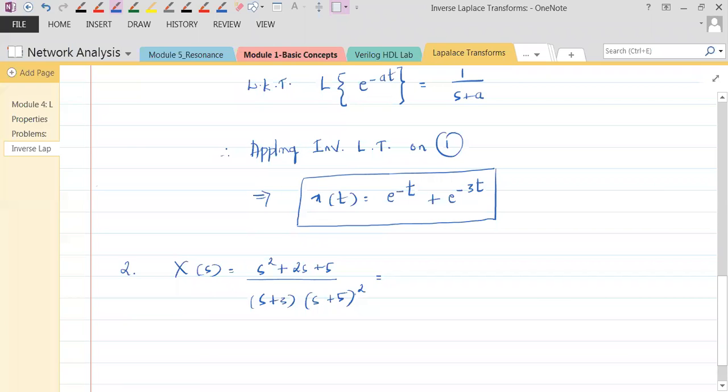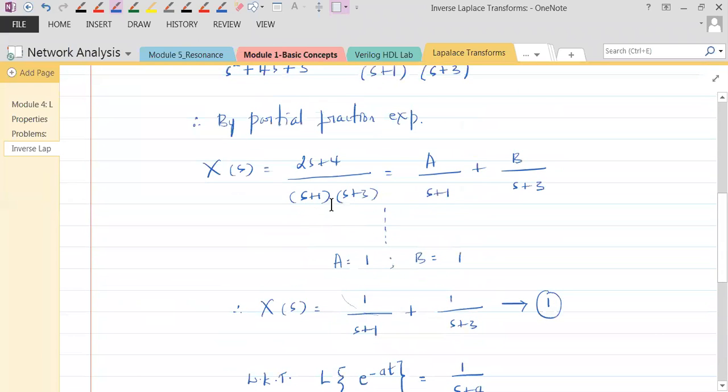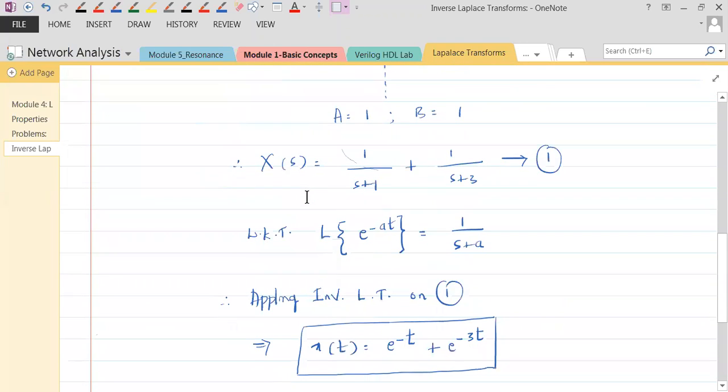Understand it? So how can I expand this by partial fraction method? I can expand this in partial fraction method in this form. That is A by s plus 3. So we have 3 roots because the denominator is a cubic equation. Whereas here it was a quadratic equation. S square you will have as the maximum power.